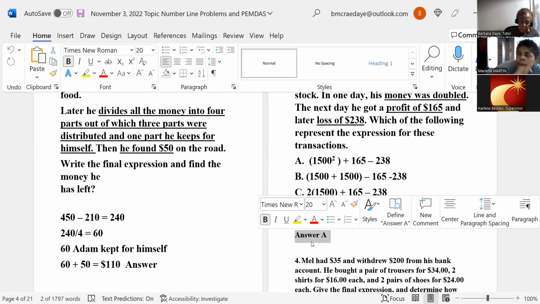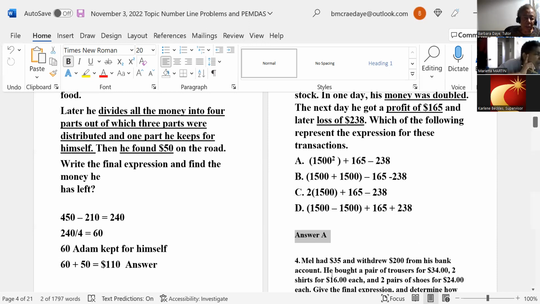Let me just put here. No, it's not A. I'm sorry. The answer is C. See? Because it said he doubled it. So doubled is not 1,500.